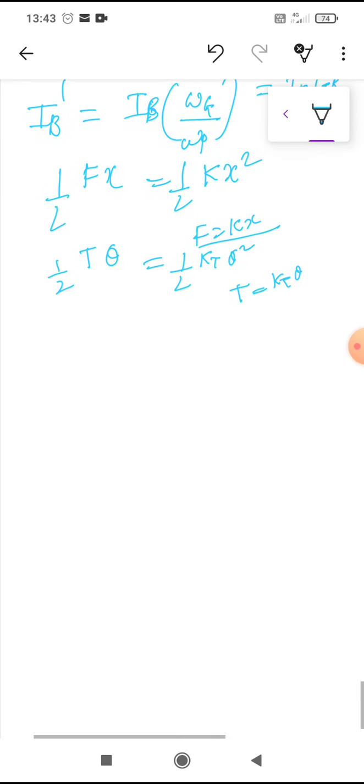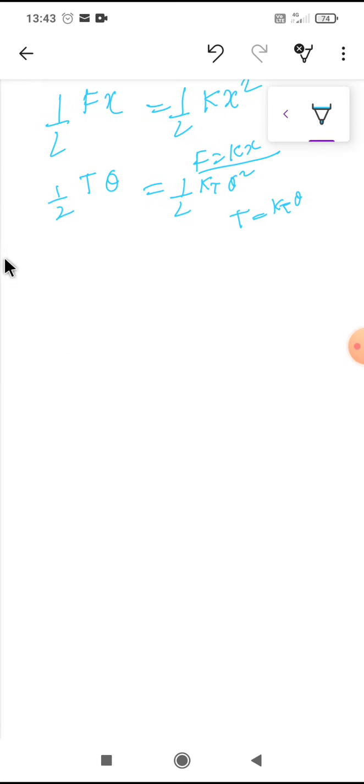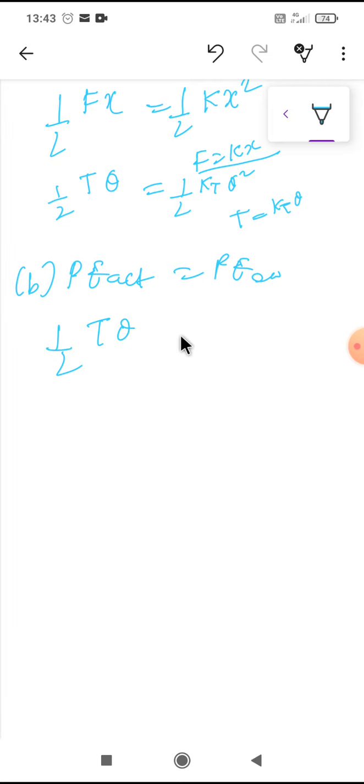We have to use these formulas. So for the second condition, the actual potential energy is equal to the equivalent potential energy, so 1 by 2 T theta equals 1 by 2 T theta.